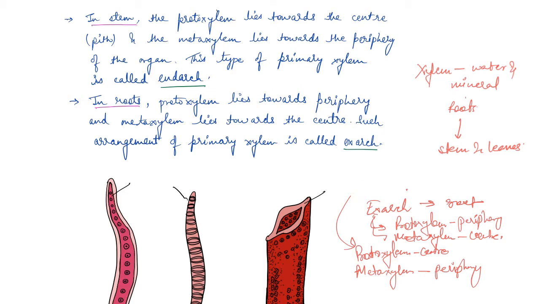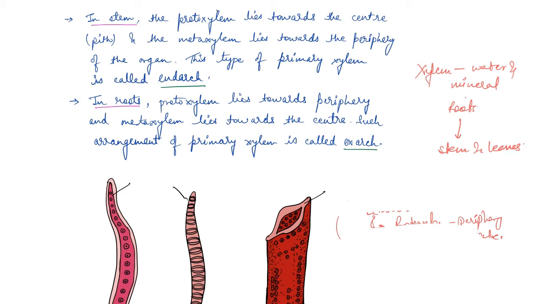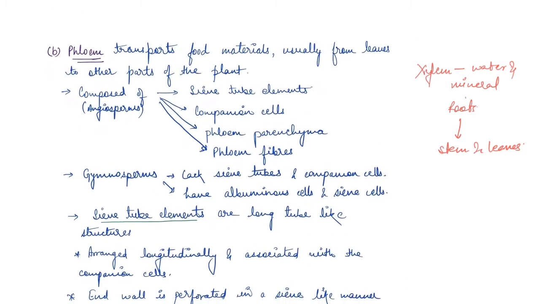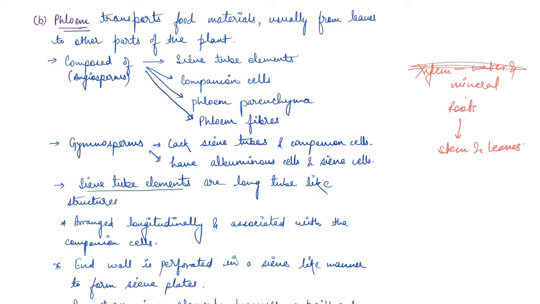Now let's move towards phloem. What exactly is phloem? Again, phloem transports food material. In the way xylem transports water and minerals, phloem transports food material, right? Now, from where does it transport food?